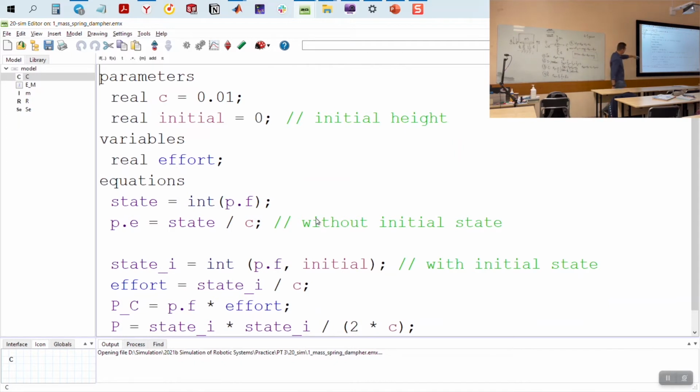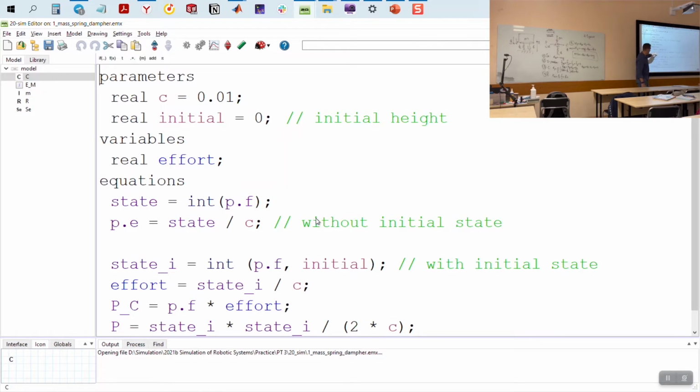So here the effort equals the state over C. State is something that equals the integral of flow. Flow is the velocity, so state will be the integral of velocity. So what will it be? Integral of velocity is position, so the state here is position.